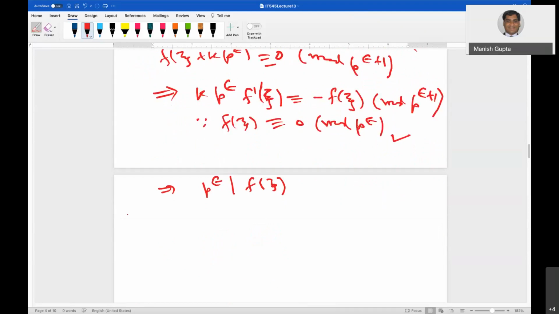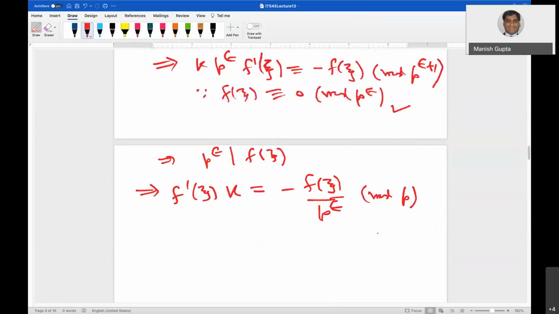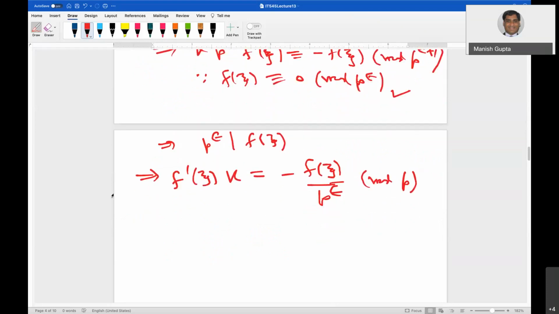This implies that f dash of xi times k is, I can write down, this quantity will be an integer, f of xi divided by p raised to power epsilon, because this will be an integer modulo p, okay? This implies that, so this is an important result actually.